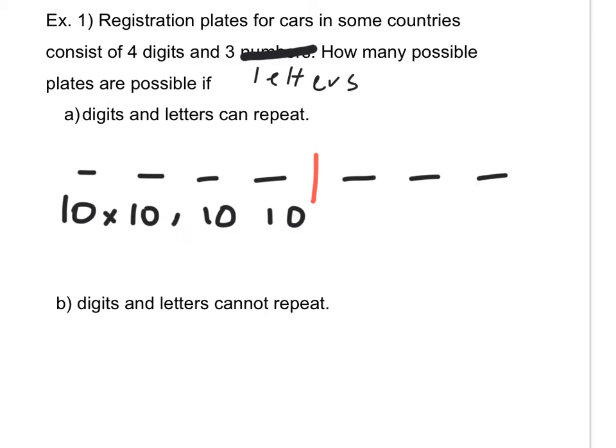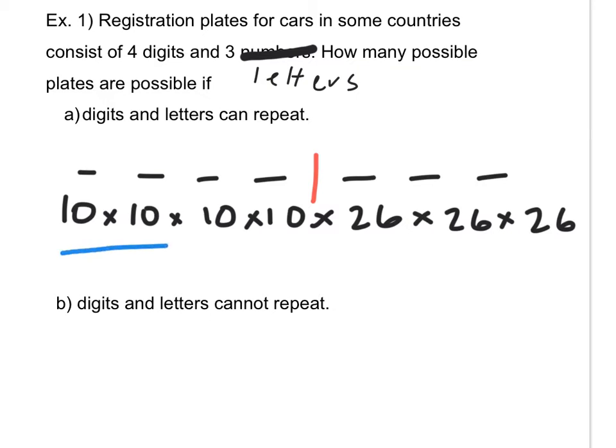And you multiply. Now we're going on to the letters. How many letters are there in the English alphabet? There's 26. So for the first position I have 26 options. But whatever was used there can be used again, and again. Like I said before, this is going to be a huge number, so you don't have to calculate it, just write the chain of multiplications like this.